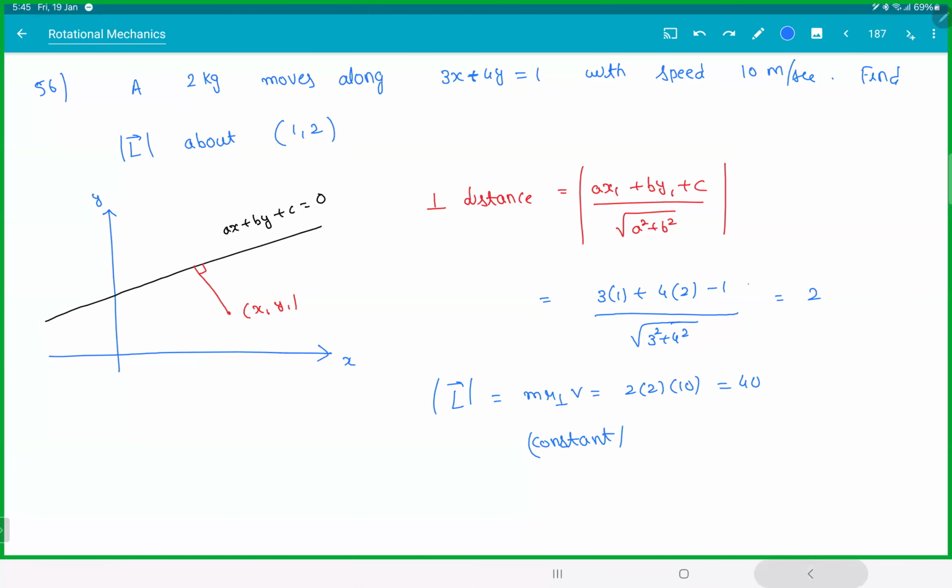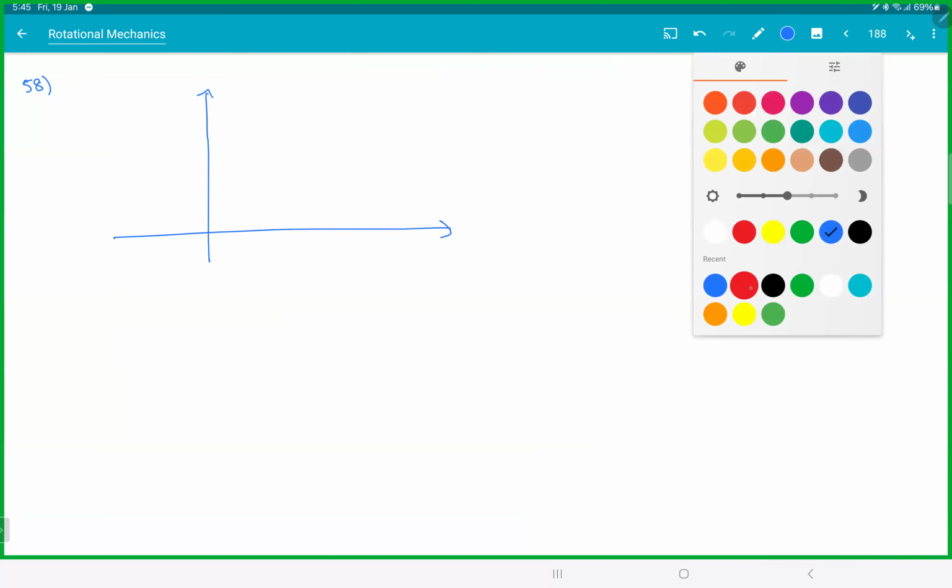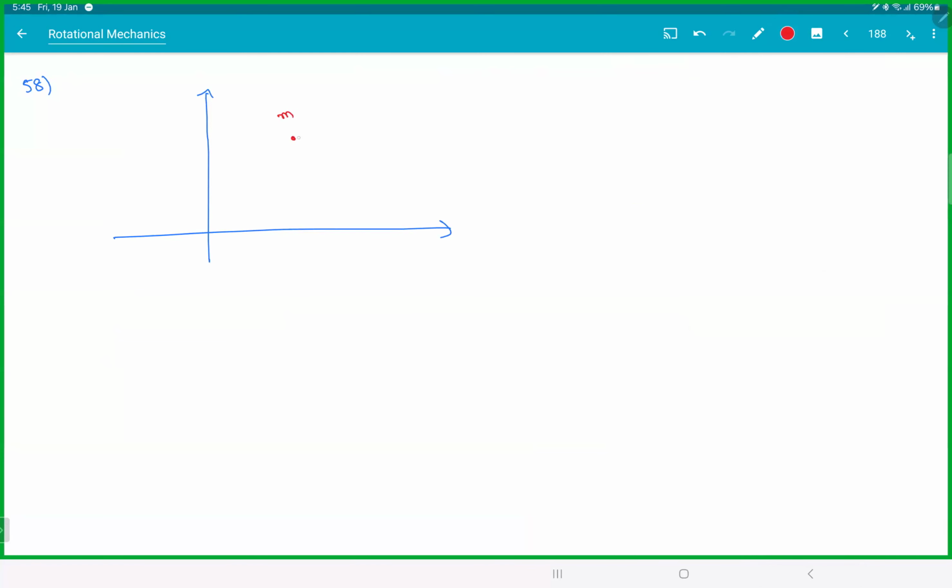Next one. We have a particle here, mass m, going with speed v, parallel to the x-axis. This point is your origin, (0, 0).